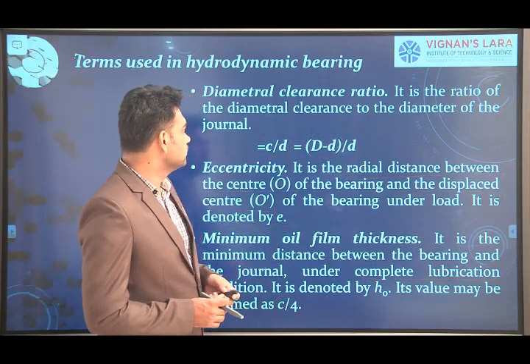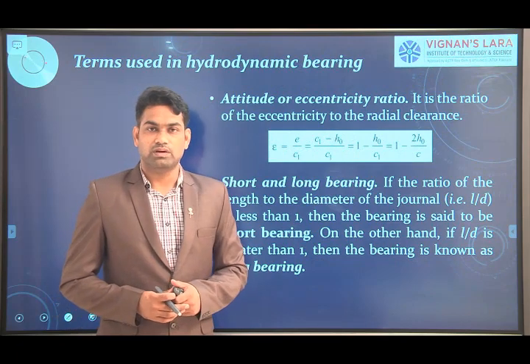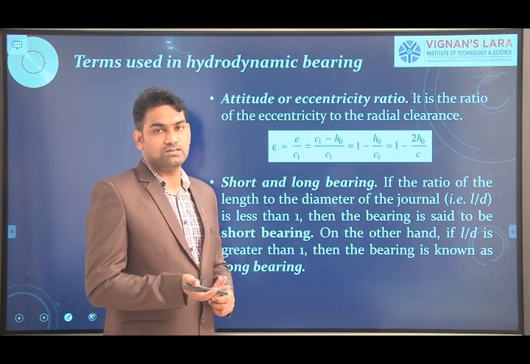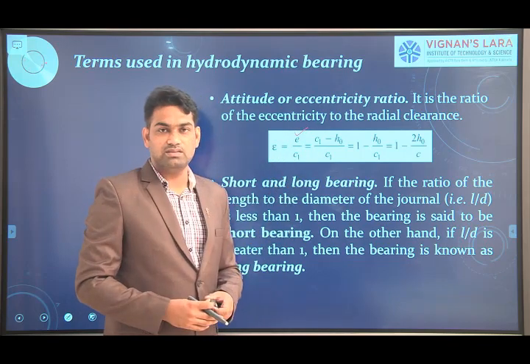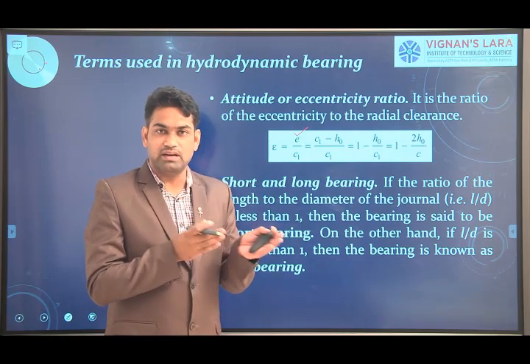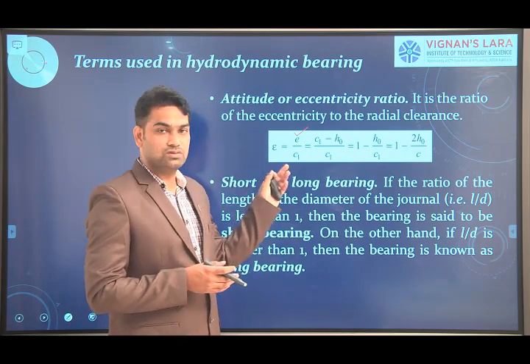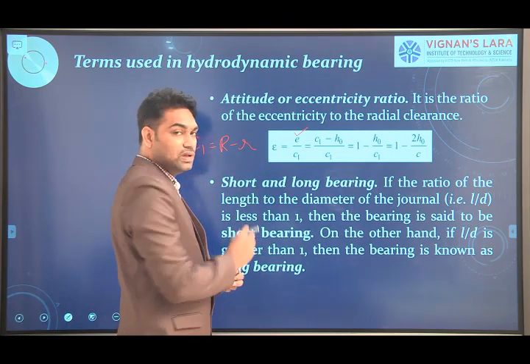And next, you can also see another term, the eccentricity ratio. It is given by the ratio of eccentricity to the radial clearance. As I stated, small e is the eccentricity, the radial distance from O to O dash, and C1 is the radial clearance, capital R minus small r.